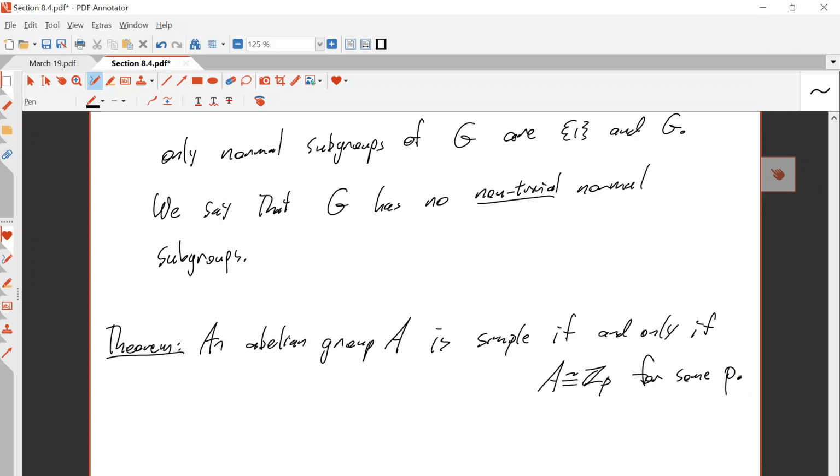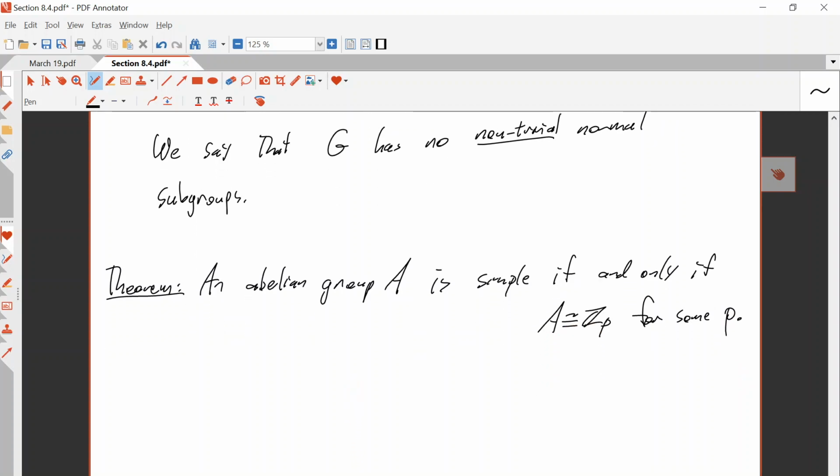So abelian groups are never simple really, except in the case of just the cyclic group of order p.